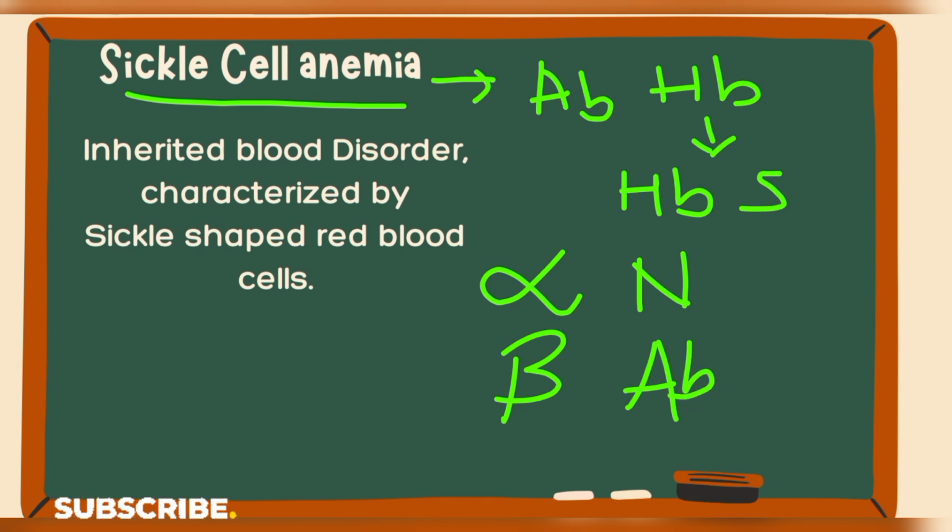Because of this, the RBC attain the sickle, that is the crescent shape, and become more fragile, leading to hemolysis. Sickle cell anemia occurs when a person inherits the two abnormal genes, one from each parent.